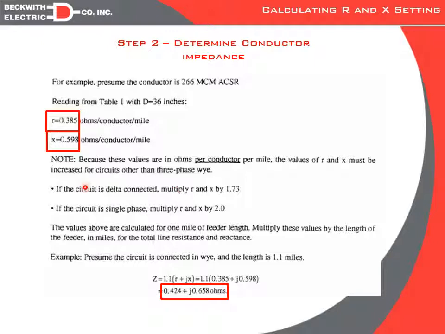If we were hooking up delta regulators, we would also have to multiply by 1.73, or if we were doing a single phase tap and this was for a single phase regulator only for 1 phase, then we would have to multiply by 2. So once we've determined that, we multiply our values by the total distance. In this case, if we assume 1.1 miles, then we will multiply these two by 1.1 and come up with our new values for our impedance.